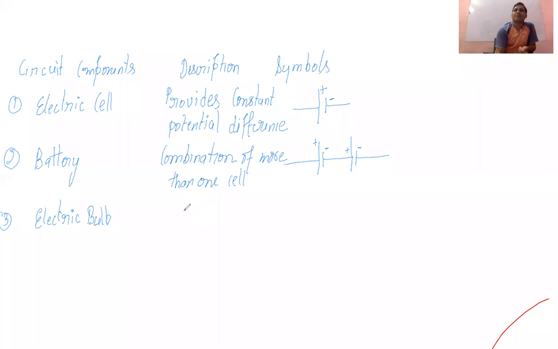Basically, it's a circuit component used to provide light. It has a symbol like this, or it can be like this. This can be the symbol of your electric bulb. Wherever it is required, it will be like this only.